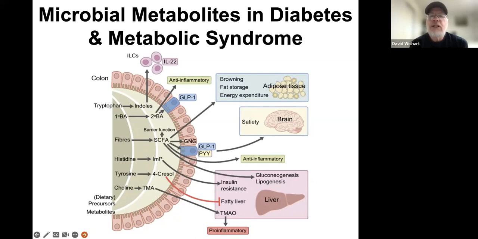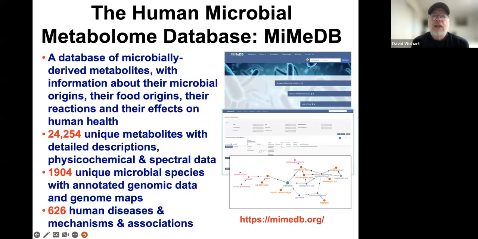We also see a new compound called imidazole propionic acid, which also seems to cause things like insulin resistance. So these are examples of well-known and even new compounds arising from our food and our diet that lead to physiological effects.